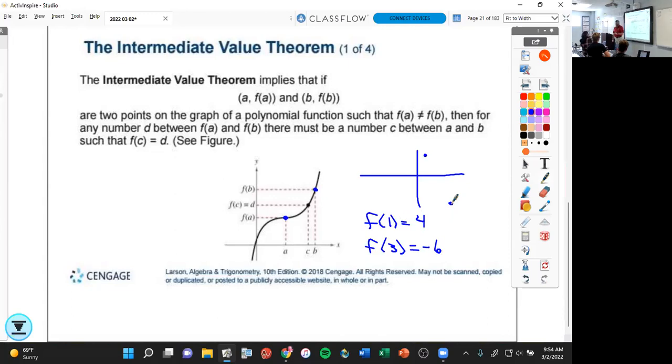At least once. It could do that. Pretend that's a function. Pretend that passes the vertical line test. Does that make sense? But I guarantee in order to get from 4 to negative 6, I'm going to hit 0. That's the intermediate value theorem right there. Okay. I'm going to move on to the next slide.